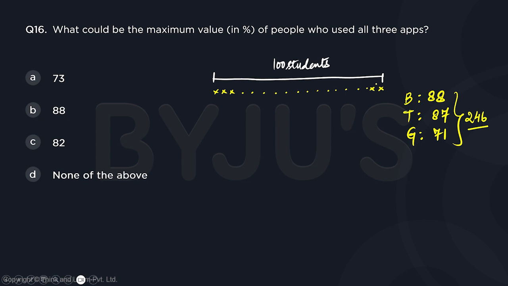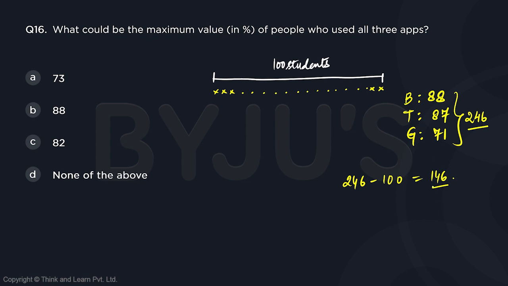Remember, none is 0, which means there is nobody who is not a participant of the survey. Everybody is a participant and everybody answered one of the 3 types of chocolates. Instead of apps, we are talking about chocolates here. So out of 246, 100 has been removed, and we are left with 146.